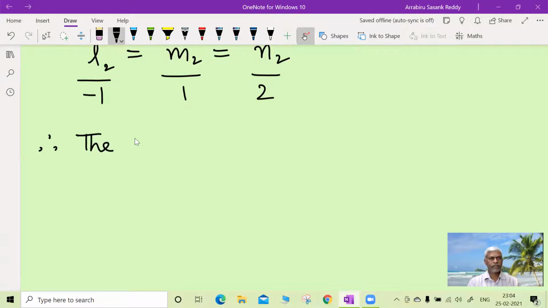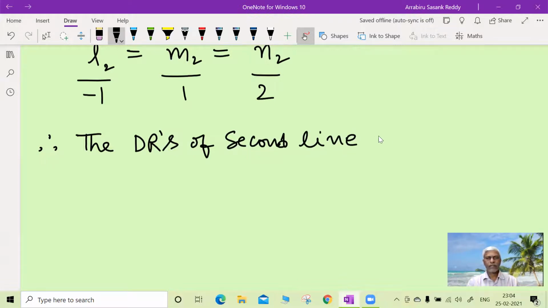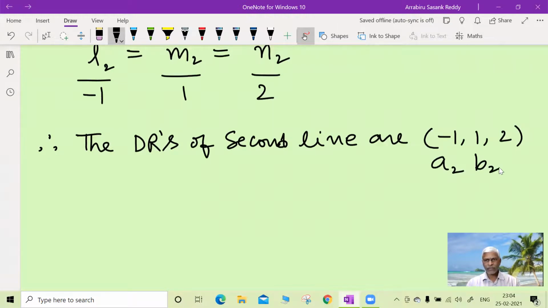The direction ratios of the second line are minus 1, 1, 2. Let us call it a2, b2, c2.